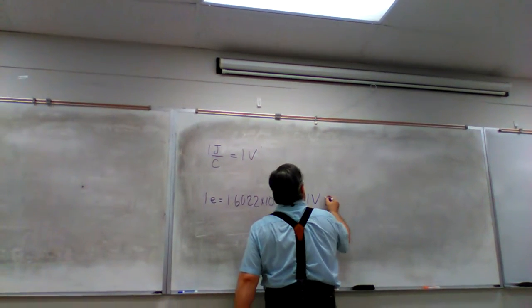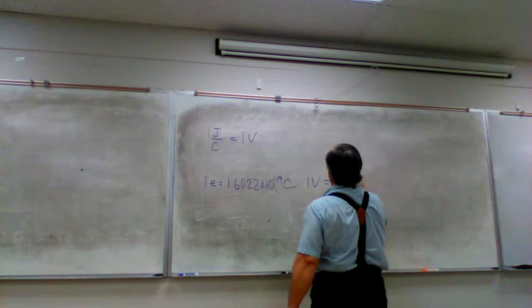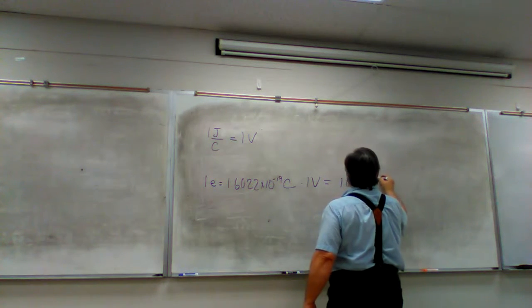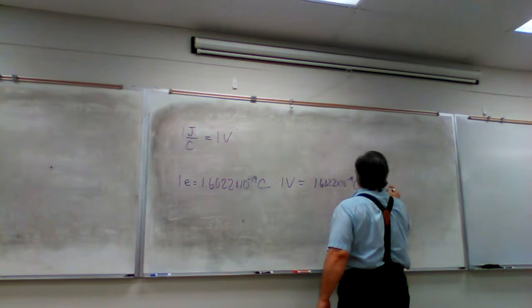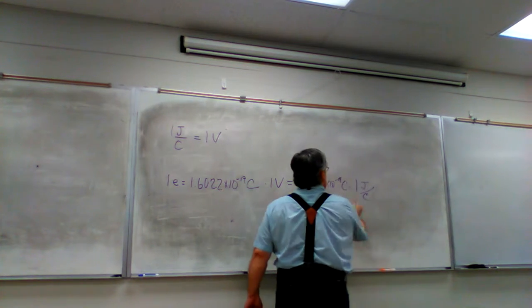That's equal to 1.6022 times 10 to the minus 19 coulombs times 1 joule per coulomb.